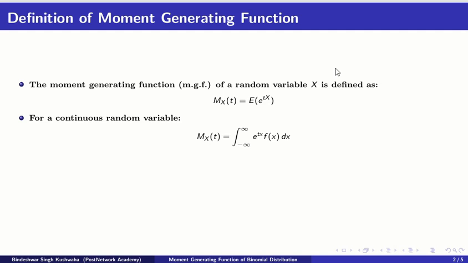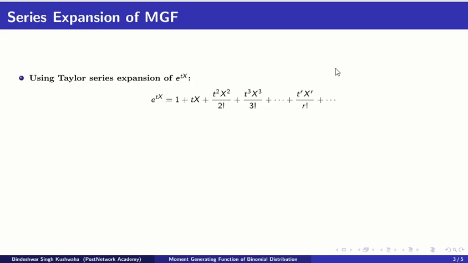For a continuous random variable you will have integration of e raised to tx multiplied by the distribution function, and for a discrete random variable summation of e raised to tx multiplied by the probability distribution function. And if you expand e raised to tx, you will get the following expression.